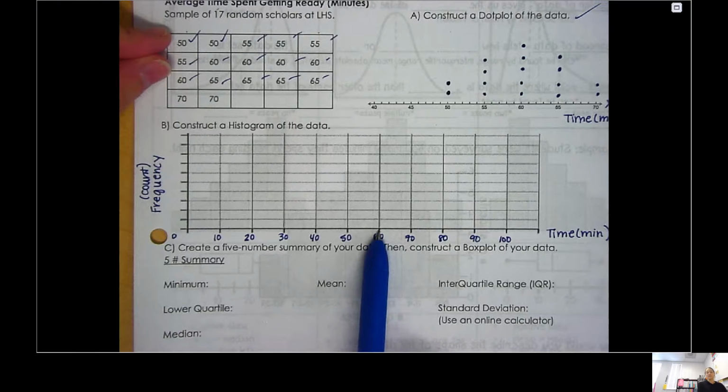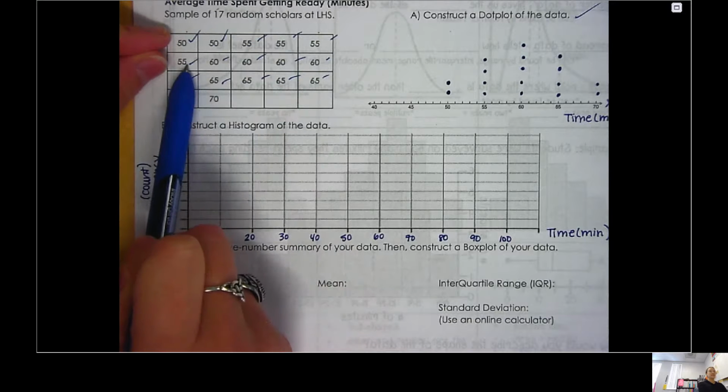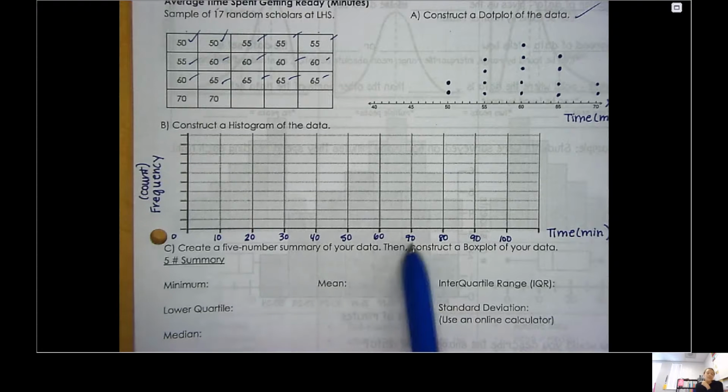It can't include the 60. 1, 2, 3, 4, 5, 6. So 6 numbers are within the 50 to 59 range. How many are within the 60 to 69 range? Essentially right before the 70. 9 of them, okay?